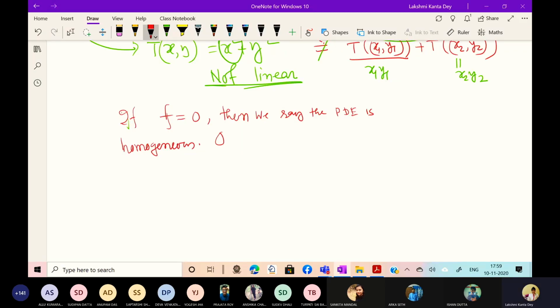Otherwise, we say that it is inhomogeneous.